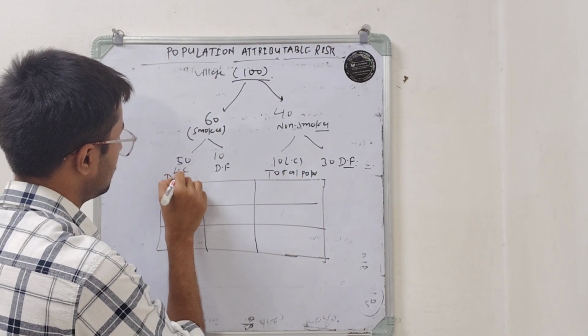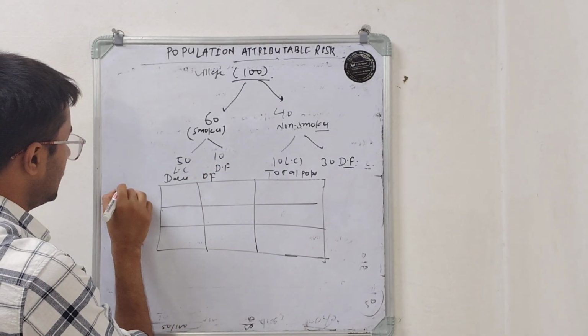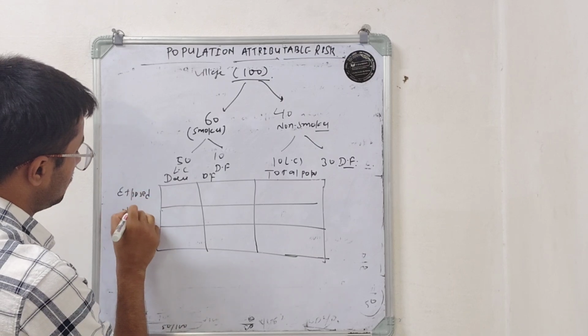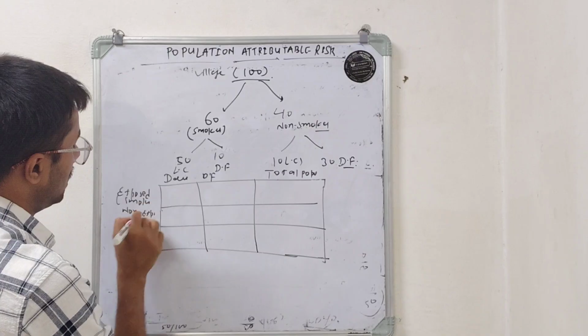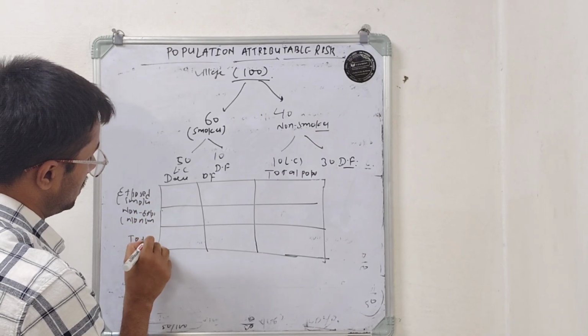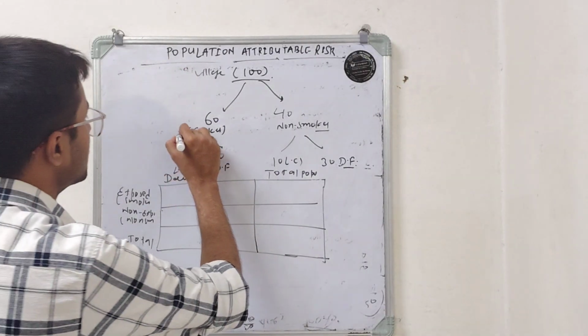Here disease, here disease free. Here exposed, here non-exposed. Exposed means a smoker, non-exposed means a non-smoker. And total.